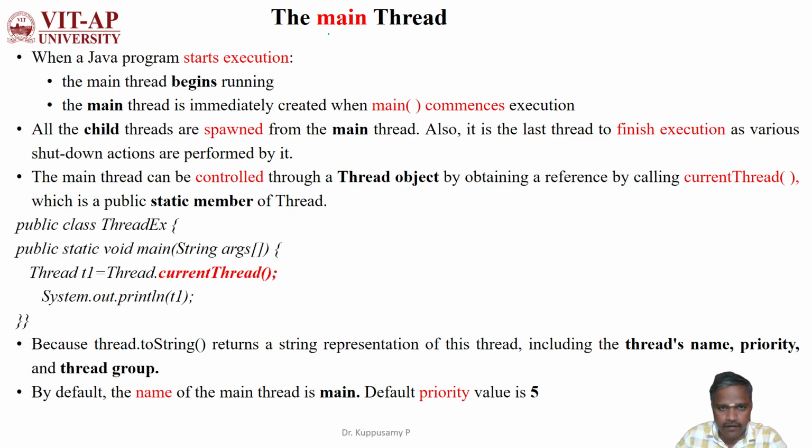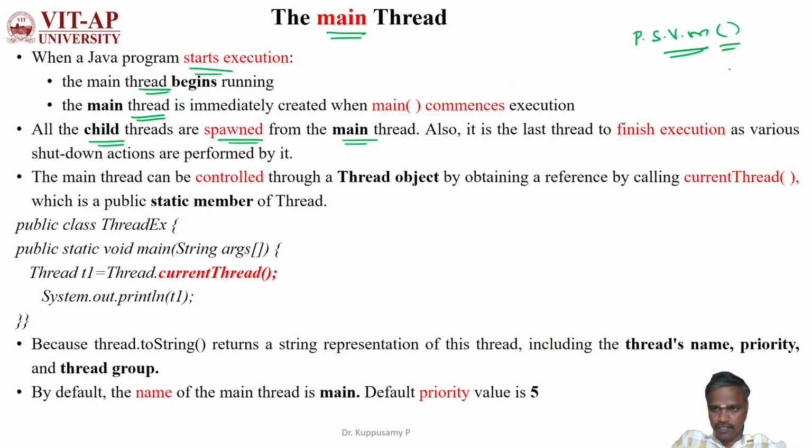Here the main thread concept is given. The main thread is created once the program starts its execution, that is, whenever we start the Java program, the public static void main, right? Once that main method is executed, the main thread is automatically created in the Java program, and all the child threads are produced from the main thread.